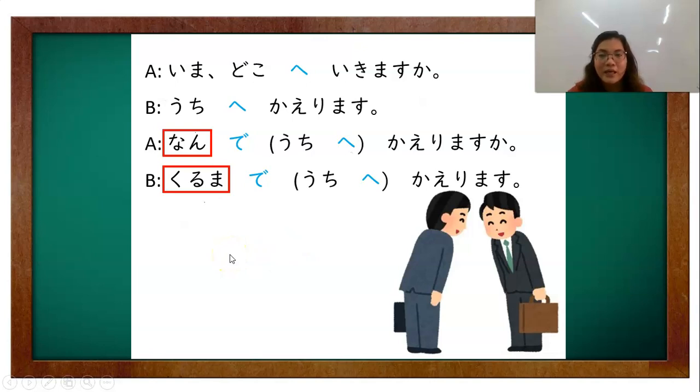You will be A and I will be B. Go. Uchi e kaerimasu. Kuruma de uchi e kaerimasu. That is how you use de in a conversation.